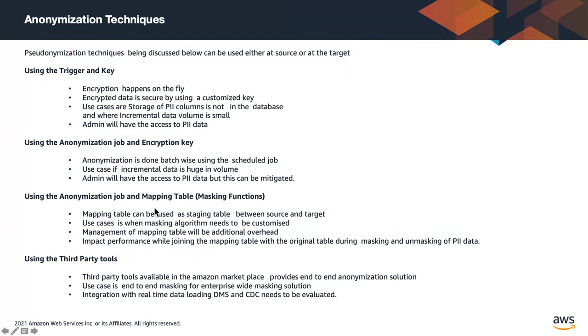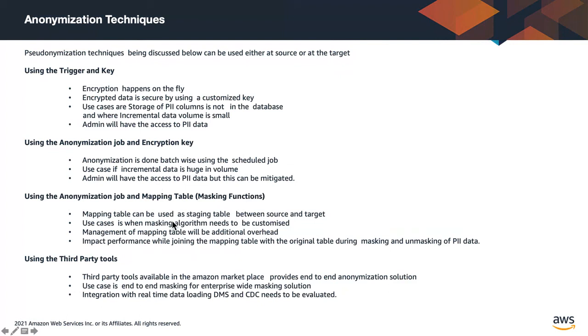Now this is the job with the mapping table that we already discussed. This will have a lot of impact on the source and the target database, because when it selects the data from the source and inserts into the mapping table with the job, it has to do a join on the source table. And again, while putting the data into the target, it has to join, because we only want to copy the incremental data, not the complete data every time.